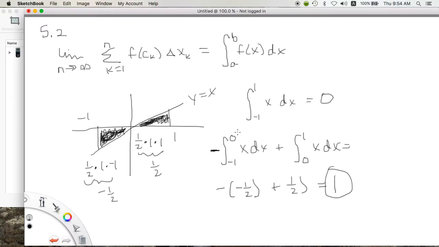Now, if we want to be able to do other functions, like say we have the function y equals 1 over x. If I can graph it properly here. So y equals 1 over x looks like this.